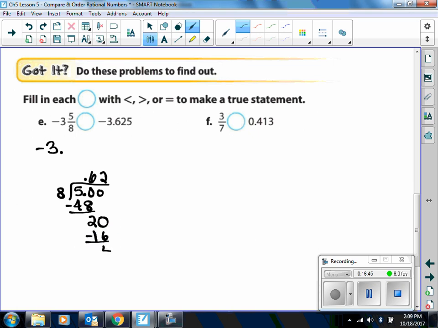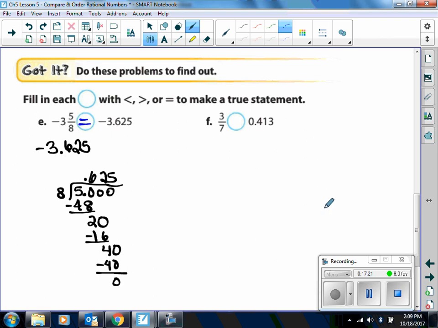And then we annex another 0 and bring that down. 8 goes into 40 5 times. So 5 times 8 is 40. And now there's a 0 remainder. So this is going to become -3.625. Very good. So now, what symbol goes in there? Very good. You got it?